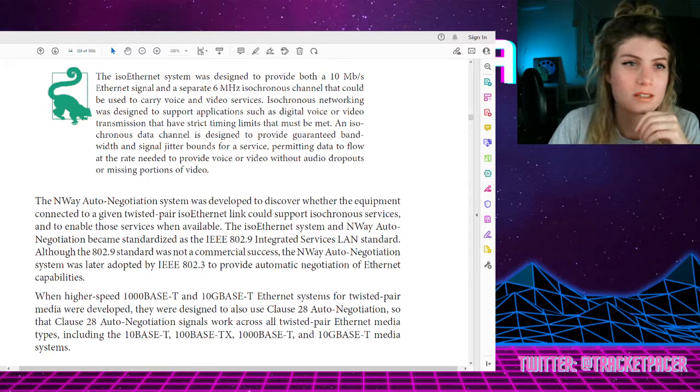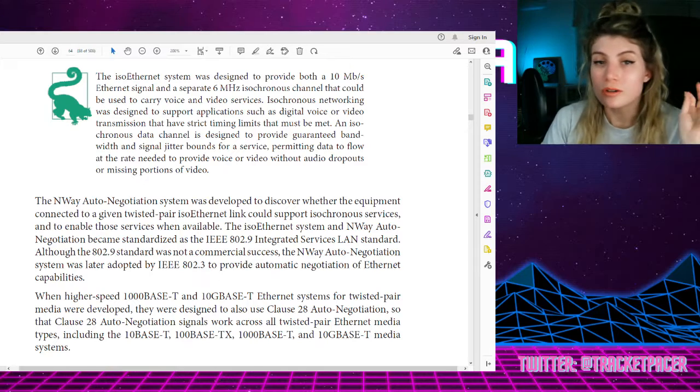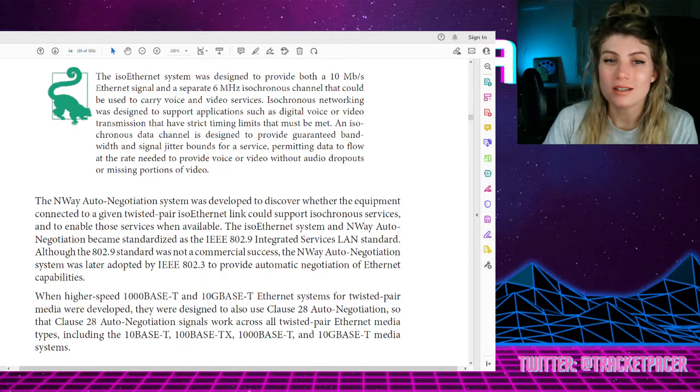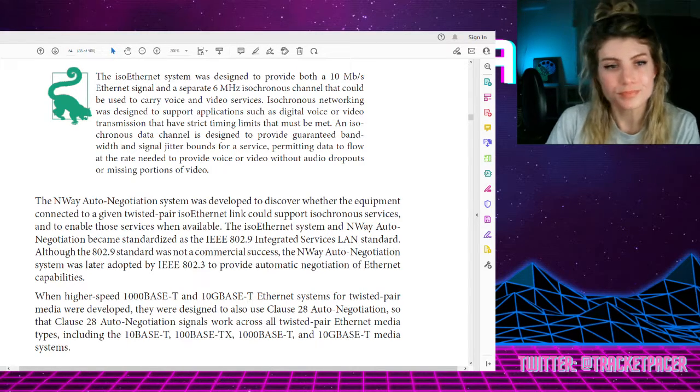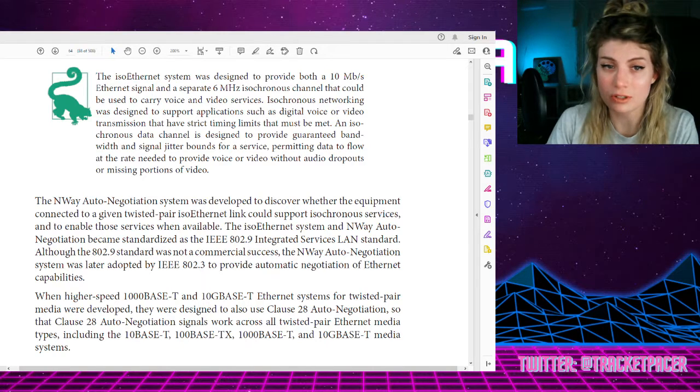It's the same thing as simultaneous, like occurring at the same time. Cool. Isochronous networking was designed to support applications like digital voice or video transmission that have strict timing limits that must be met. An isochronous data channel is designed to provide guaranteed bandwidth and signal jitter bounds for a service, permitting data to flow at the rate needed to provide voice or video without audio dropouts or missing portions of video.